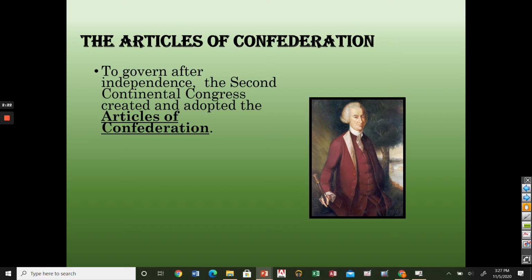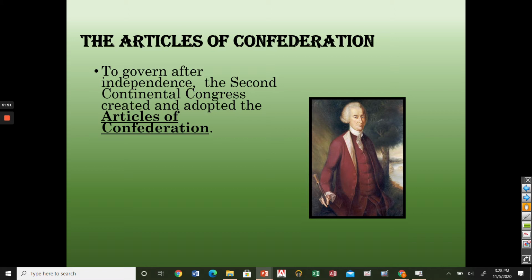Okay. So, during the Revolutionary War, the Second Continental Congress created and adopted what's known as the Articles of Confederation. All right, and they used that word confederation, I think, very purposely. A confederation is basically somewhat more of an alliance. A confederation isn't necessarily like a solid unified nation like we think of the word today. A confederation is more of an alliance of different nations.